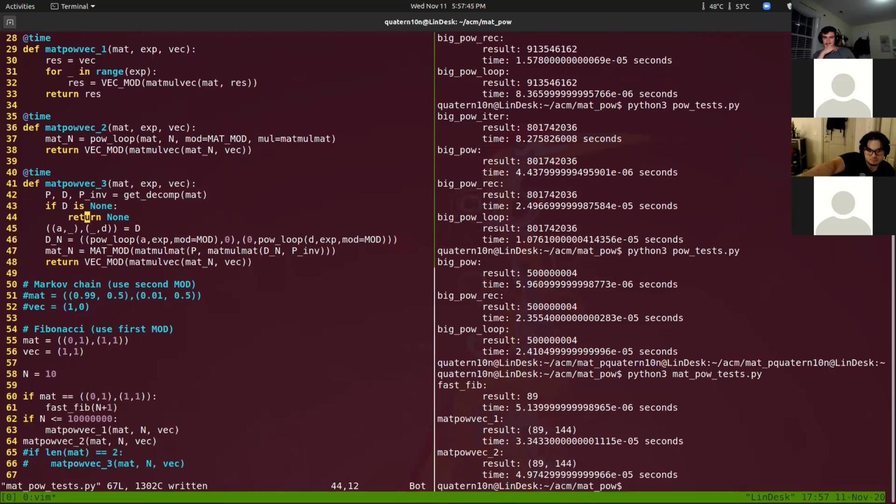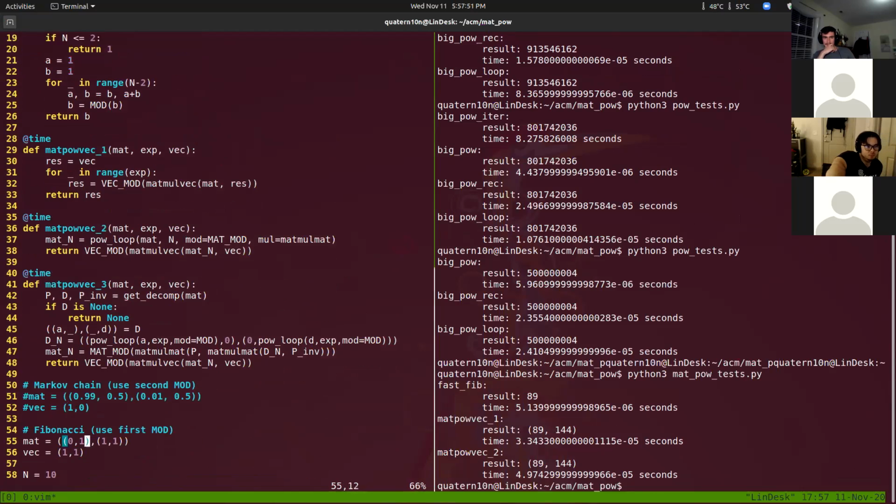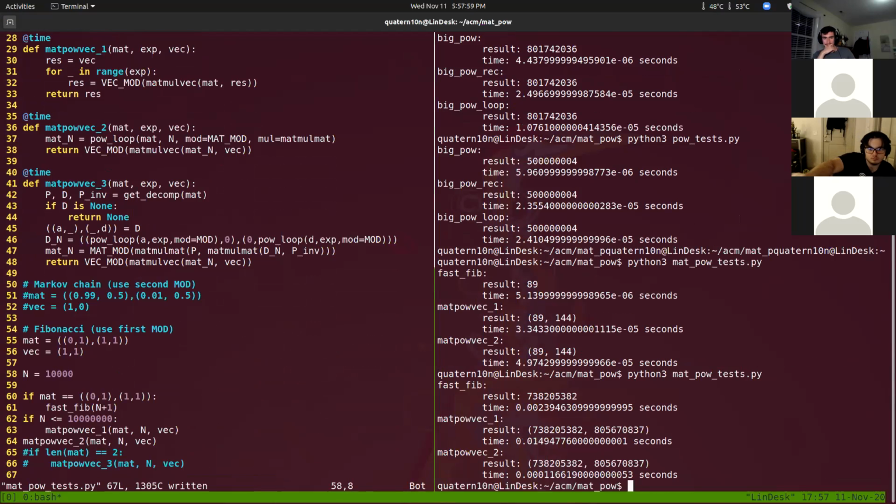Am I doing modulo here? Yeah. So here I'm doing modulus just because otherwise this thing blows up to infinity too fast. So let's just go for the 10,000th Fibonacci number. If you look at that first function, the fast fib, that took 0.002 seconds. The first mat powvec, that's just doing the iterative matrix multiplication.